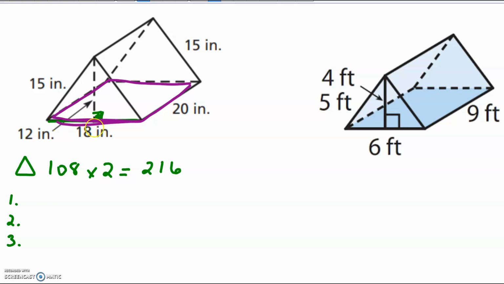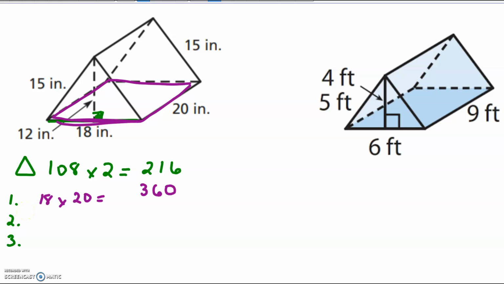Here is 18. The other dimension over here is 20. So do 18 times 20. Should get 360. I'm not dividing it by 2 because it's not a triangle. And we're not going to double it up because we only have one of those.